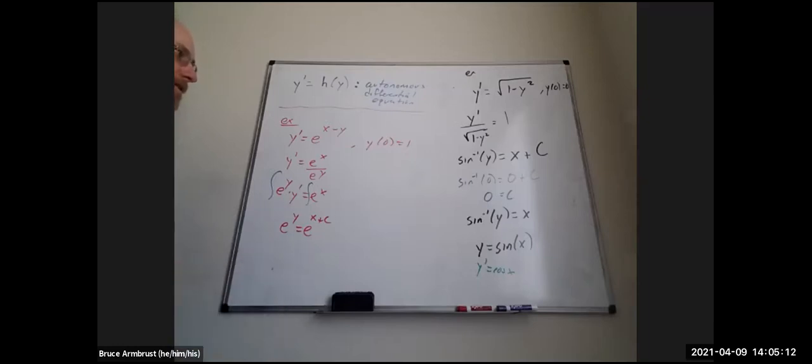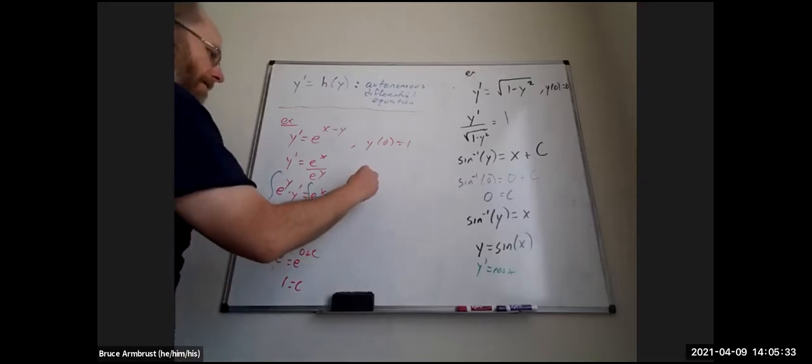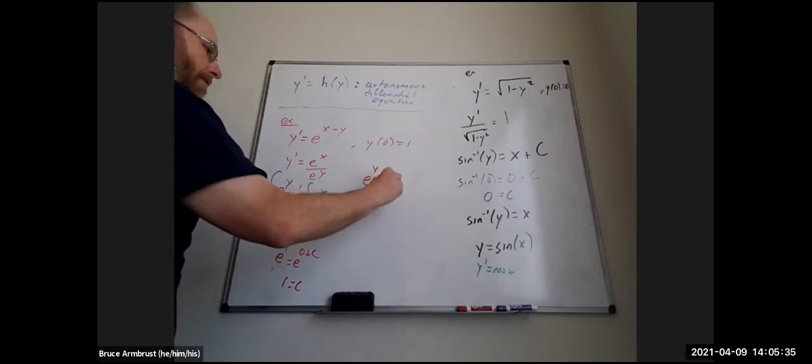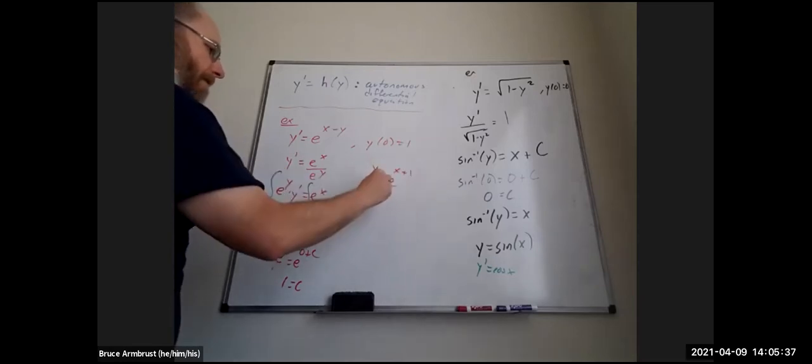Okay, so let's plug in our initial condition. y is equal to 1 when x is equal to 0. So that tells me that c is equal to 1. So we have e to the y equals e to the x plus 1.